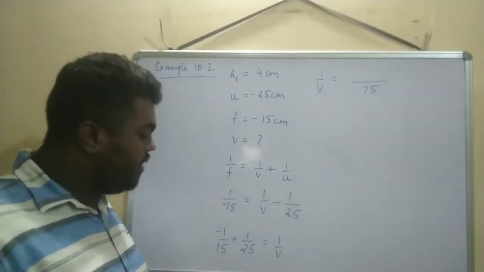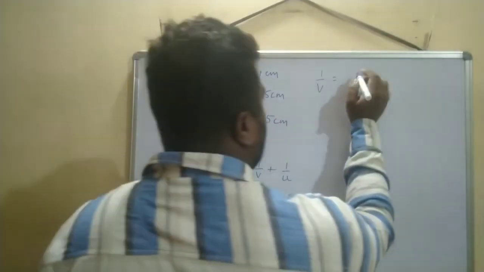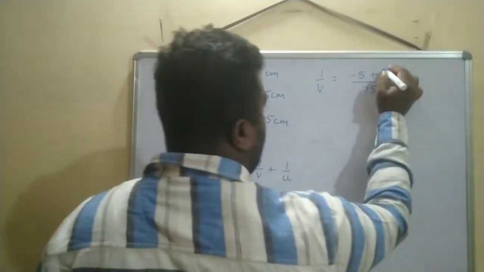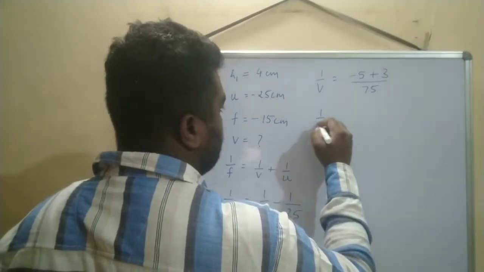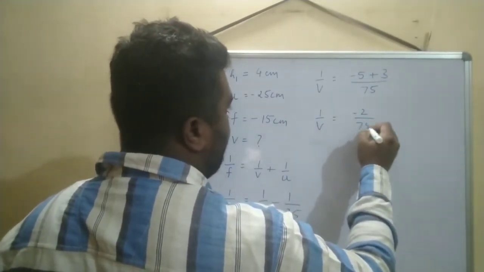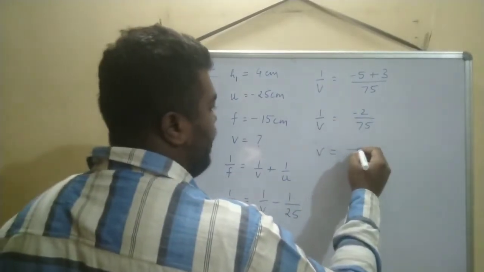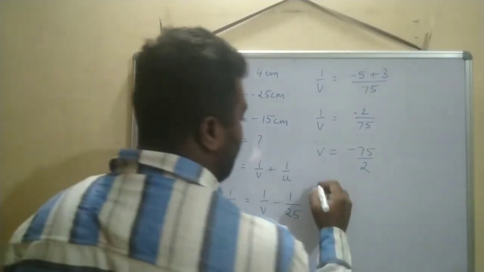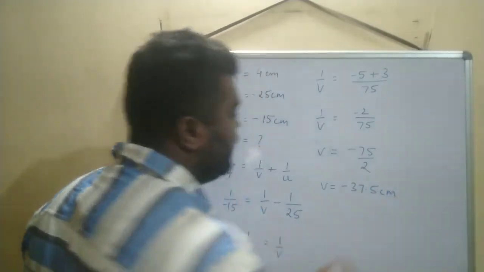Now 15 fives are 75, 25 threes are 75. Now on subtracting these two numbers, we get minus 2 by 75. We want the value of v, so we will take the reciprocal. Minus 75 by 2, that is 37.5, so minus 37.5 centimeter.